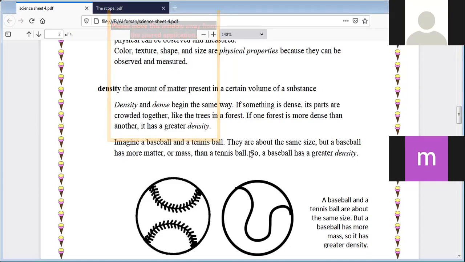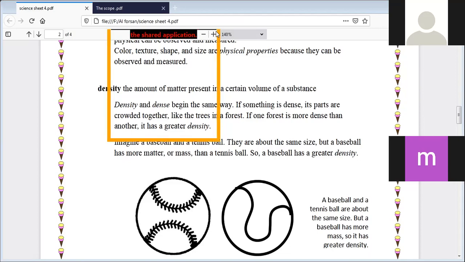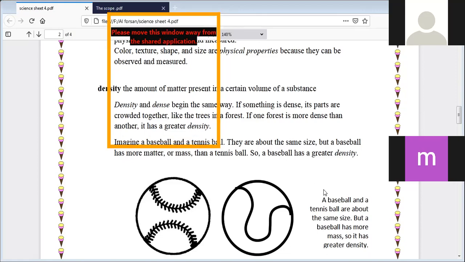If something is dense, its parts are crowded together like trees in a forest. If one forest is more dense than another, it has a greater density.